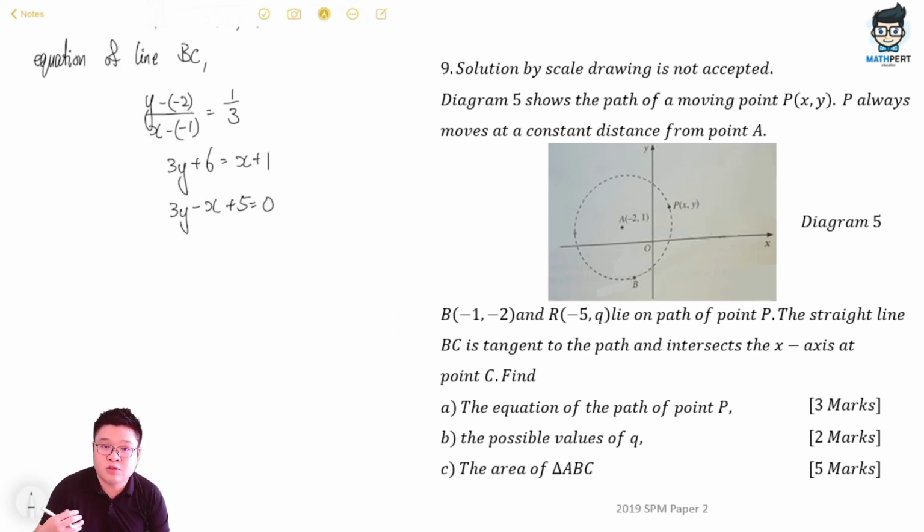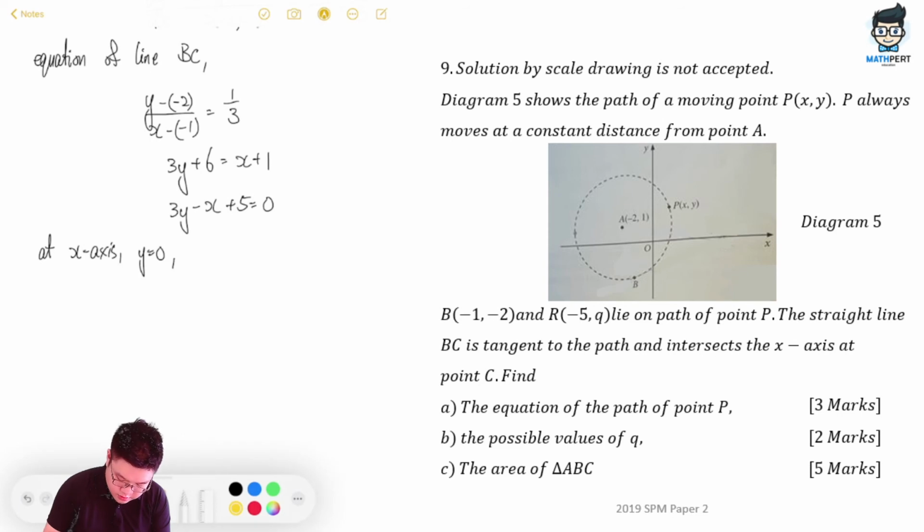And then we can use this to find the point C, because we know that point C is where the line intersects the x-axis. So at the x-axis, y equals 0. Then what I can do is substitute 0 into the straight line equation and find the coordinate of x.